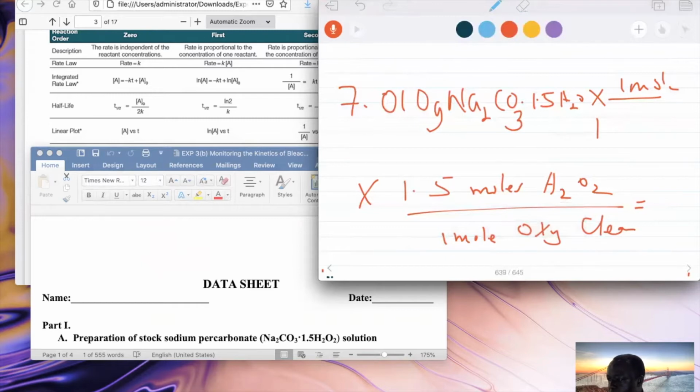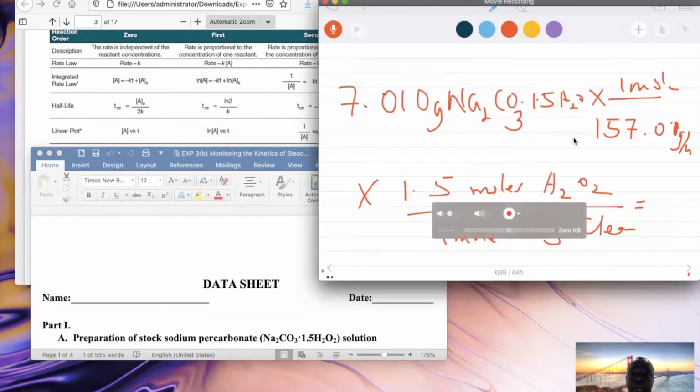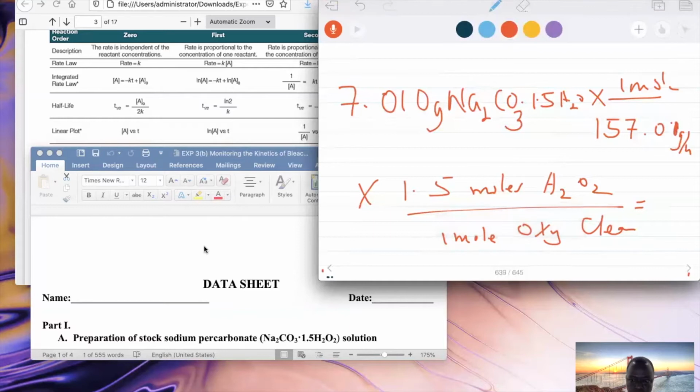It is 157.0 grams per mole. That is the molar mass. This is 0.01 grams. That will give you the number of moles of OxiClean, times 1.5 moles of peroxide using the mole ratio.